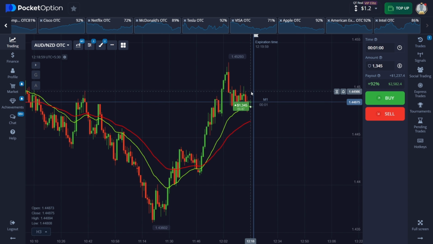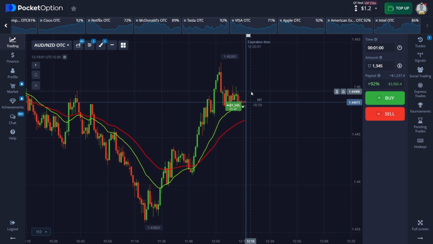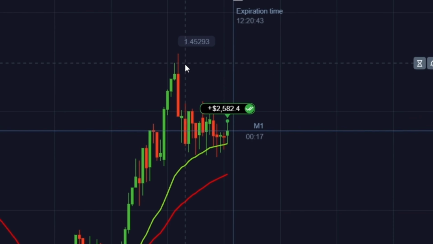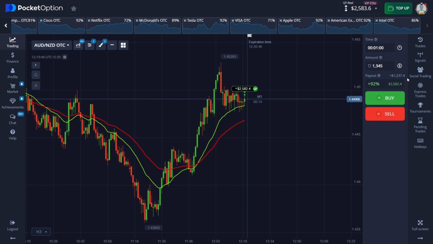This is a retracement trade and currently the trade is going in our favor. There are only a few seconds left and we won another trade. My balance has now turned into $2,583.